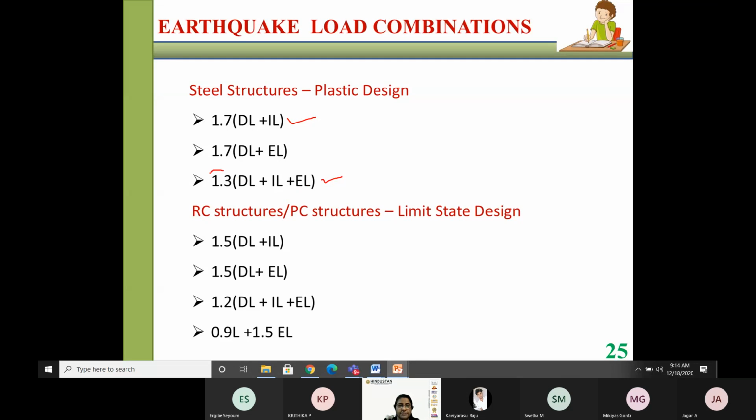Now, did you notice that there is a reduction in the factor of safety when we are considering all the three loads? Can you tell me why this reduction is given? What could be the reason when we consider all the loads? The factor of safety is little less.